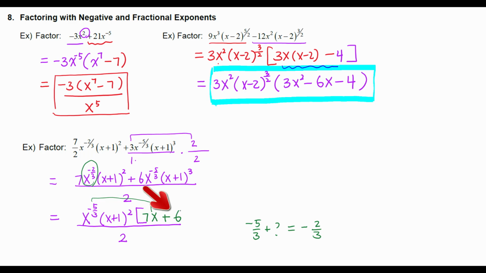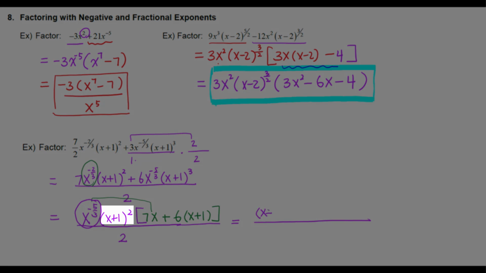And the whole (x plus 1) squared is out, so it's going to be plus now. 6 was never factored out. You took x to the negative 5/3 power out, and (x plus 1) squared times what is (x plus 1) to the 3rd power? That will be another (x plus 1) that you need there. So now you clean up the bracket, and you also want to send this negative exponent to the denominator, since we don't want the negative exponent answer.